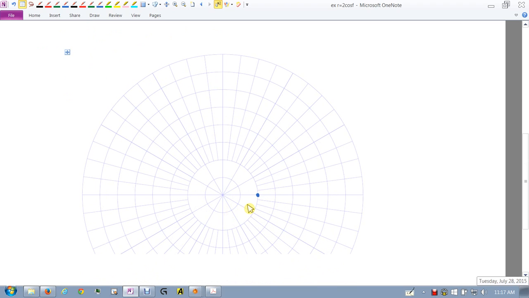Where's pi over 4? This line right here. So I'm going to go out 1.414. I need to extend this polar line right here. They didn't give me this in here. You'll see that little line. I walk out 1.4, which would be somewhere about right there, and I draw a dot. Understand?